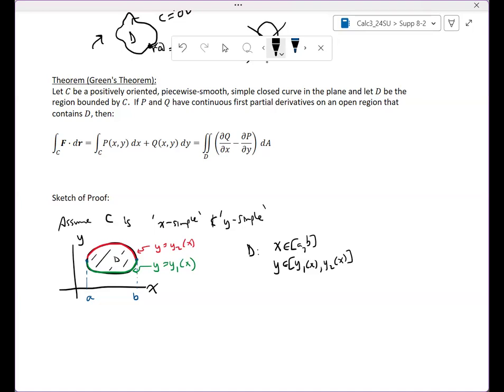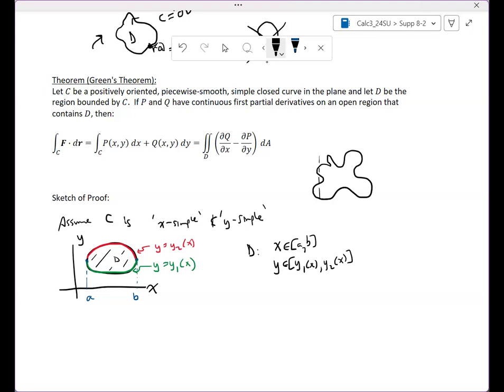You could imagine if I had a curve that did something like this. Well, this is going to be very difficult for me to say what are my upper and lower bounds with respect to y, right? Sometimes I'll have to have several upper and lower bound regions and so on.